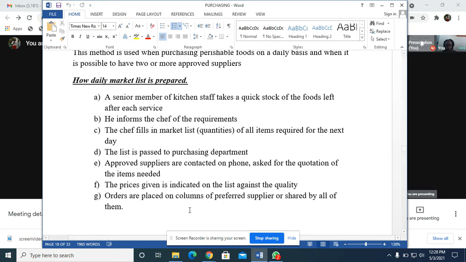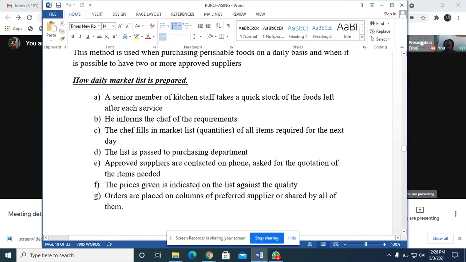Then the list is passed to the purchasing department, and at the purchasing department, the approved suppliers are contacted on the form and then asked to quote the prices for the items the catering establishment needs.